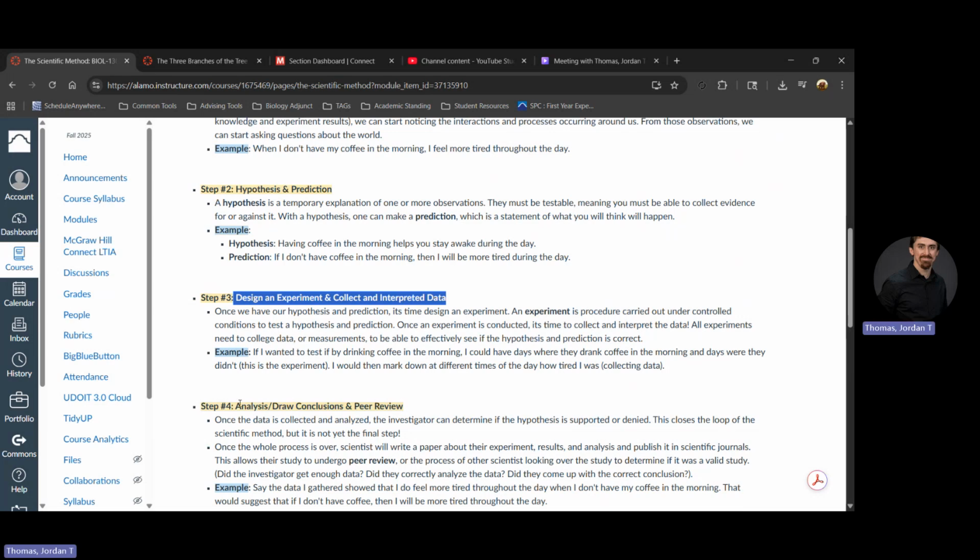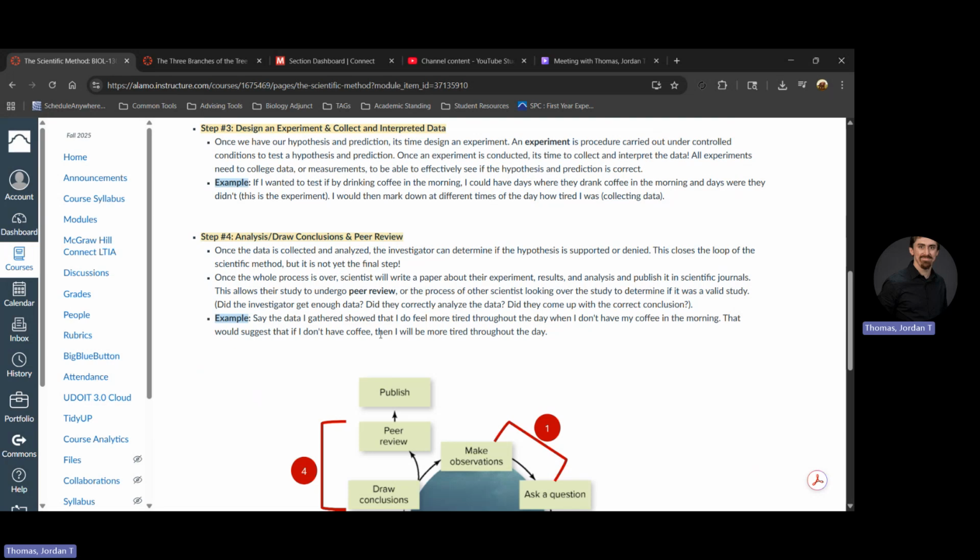And lastly, step four, analysis or drawing conclusions in the peer review process. Once you have all the data, you want to analyze it, you want to see what conclusions you have, and see, does it support or deny the hypothesis and prediction? And once you draw that conclusion, you write out the experiment, you write out the results and the conclusion, and you go through the peer review process to share your findings with the world.